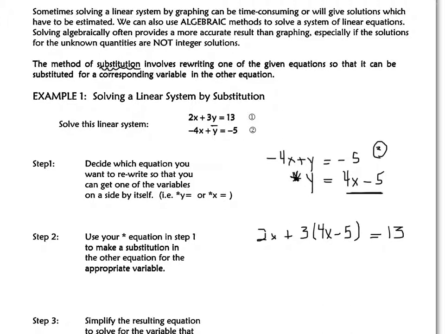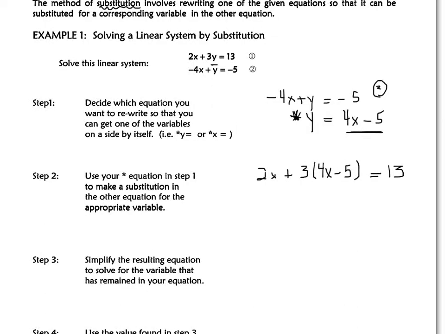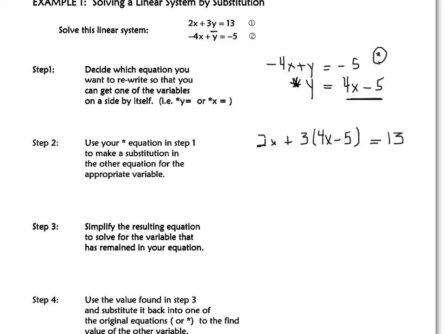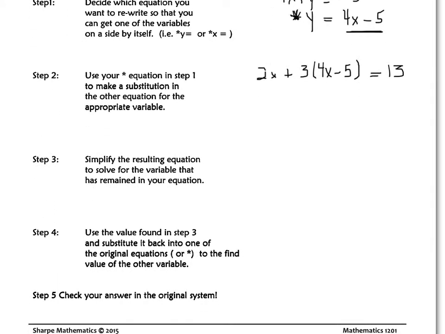So then the next step is to simplify that resulting equation. If we simplify, we're going to get 2x plus, this 3 is going to be distributed to both parts inside, so that would be plus 12x minus 15 equals 13.